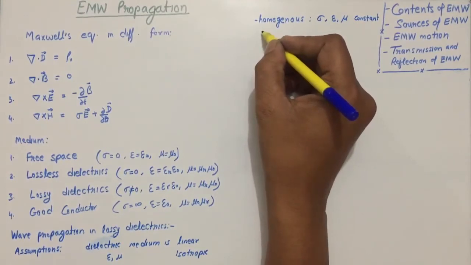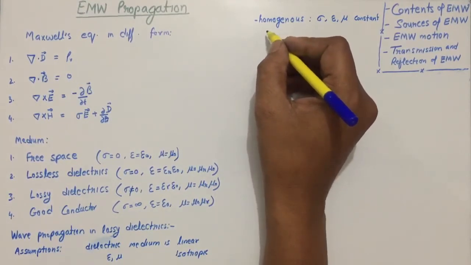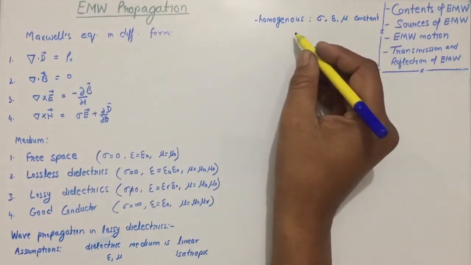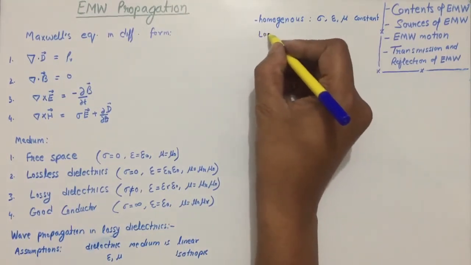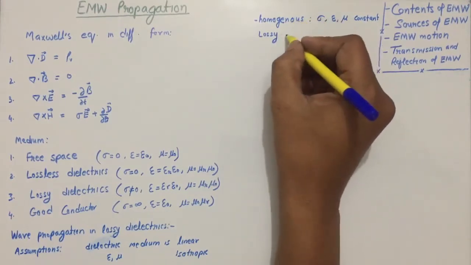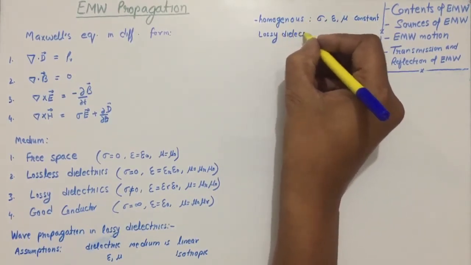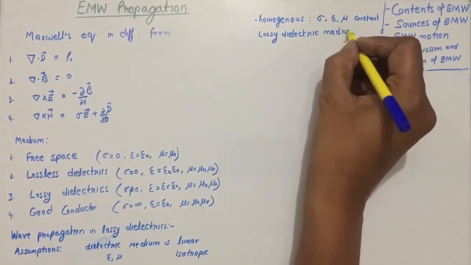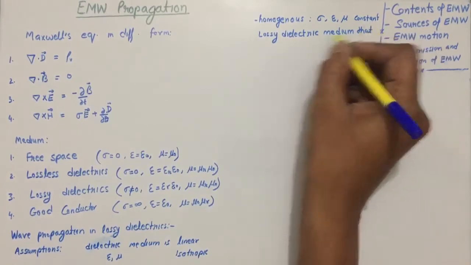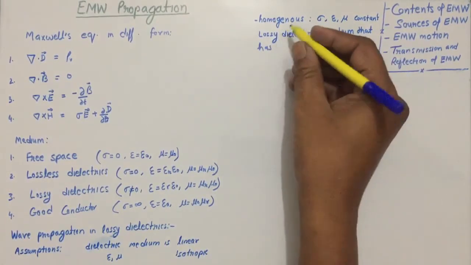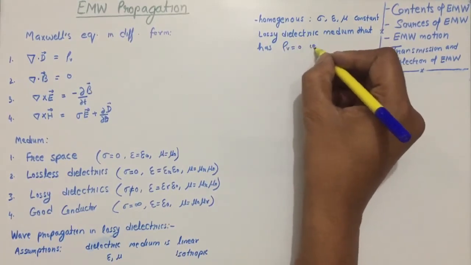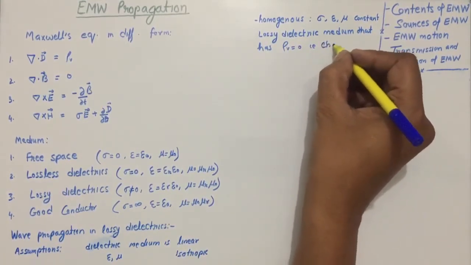So overall, we have considered a linear, isotropic and homogeneous lossy dielectric medium that has rho v equal to 0, i.e. a charge free medium.